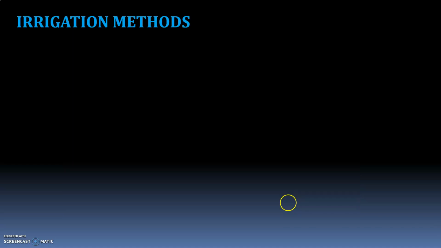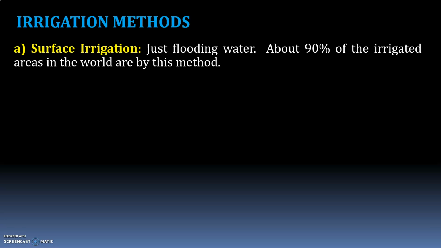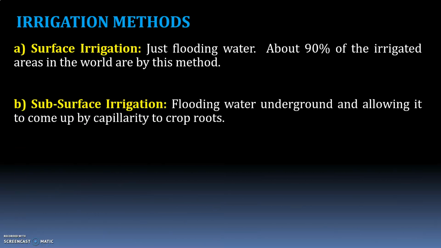Okay, let us see first what is surface irrigation, subsurface irrigation, sprinkler irrigation and drip irrigation. Surface irrigation is just like flooding water. About 90% of the irrigated areas in the world are by this method. This is the most commonly used method of irrigation.